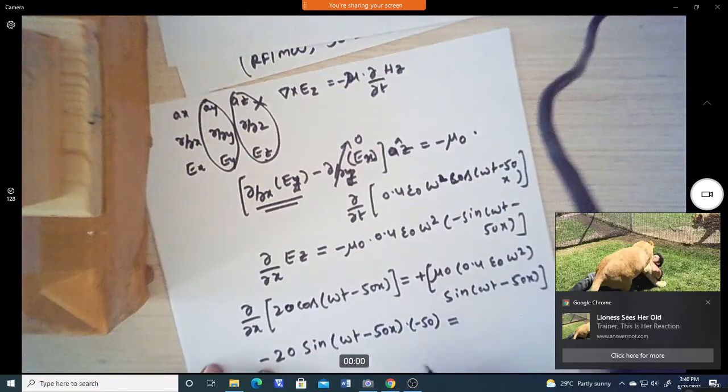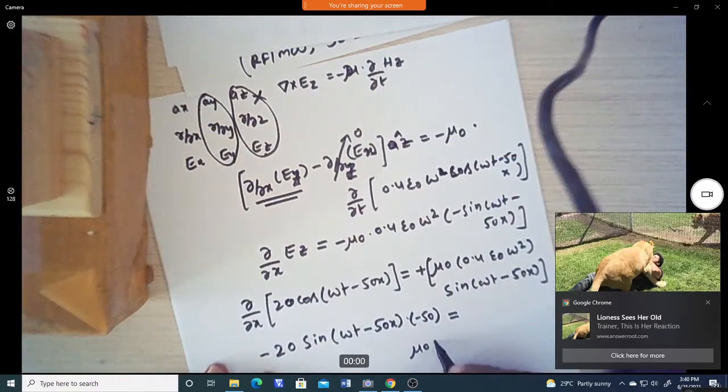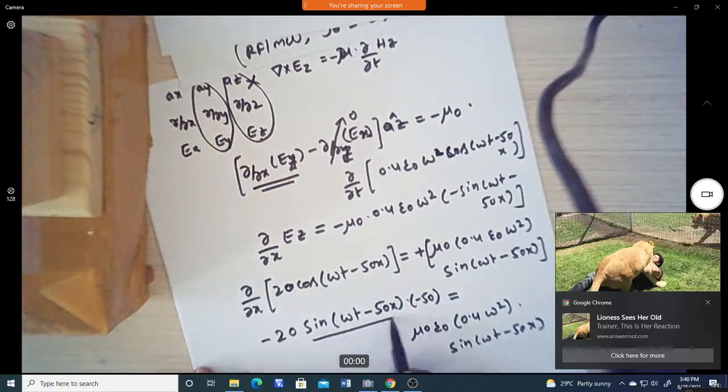So this will be equal to mu naught epsilon naught into 0.4 omega square into sine of omega t minus 50x. Now this sign will cancel on both sides, so we are left with 1000, which is equal to mu naught epsilon naught into 0.4 omega square.